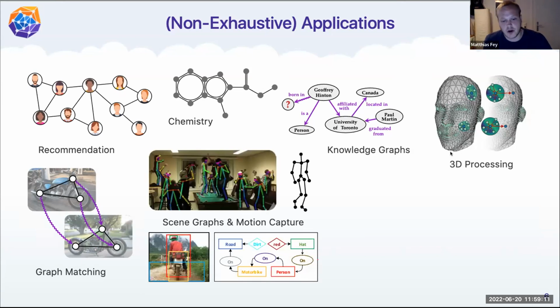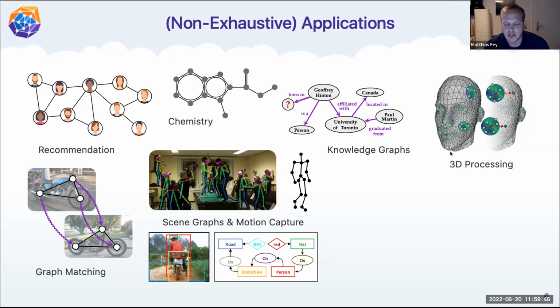One major topic is the field of scene graphs and motion capturing. For example, scene graphs are used to describe objects in a scene, and these objects can be given by a bounding box detector or object detector. And now we can use GNNs to infer or relate all these objects together and to manifest our understanding of that scene. And for motion capturing, the same is true, where we represent our scene as human body parts or joints.